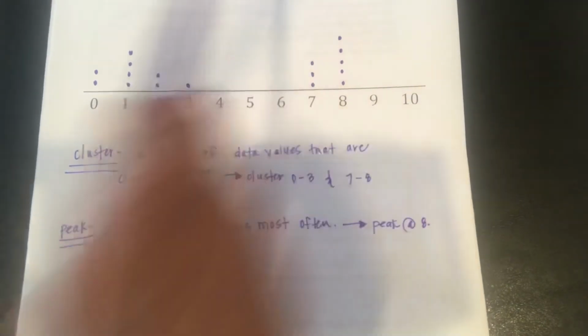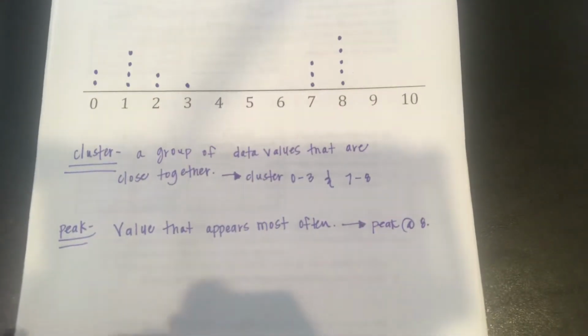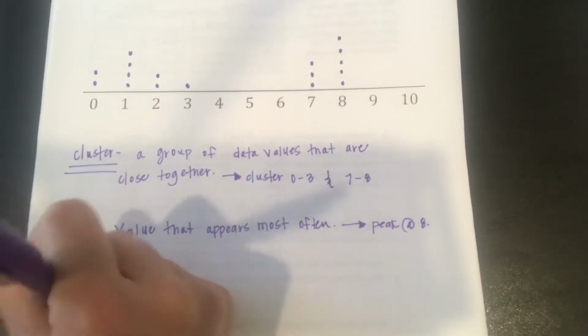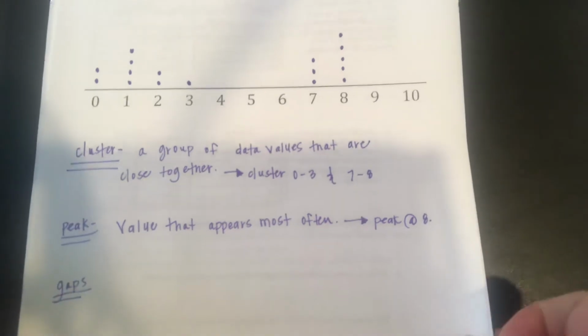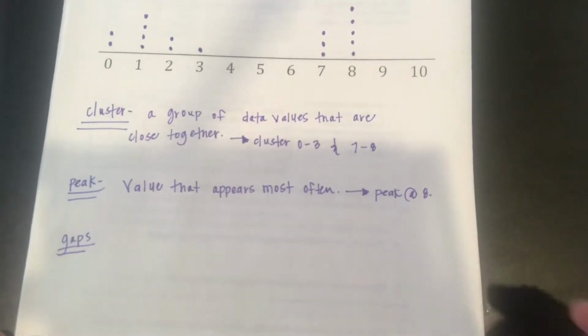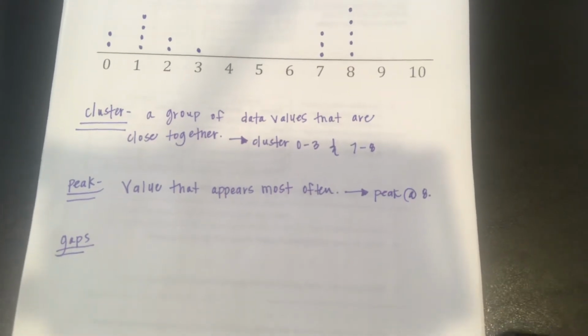Now gap. Gap is our next math vocabulary here. I still want to make sure I have my data in the chart. Gaps are just intervals or spots with no data.